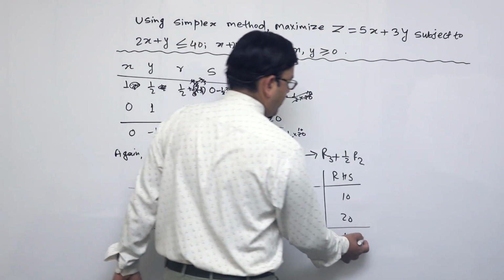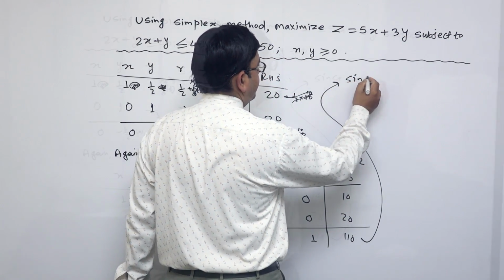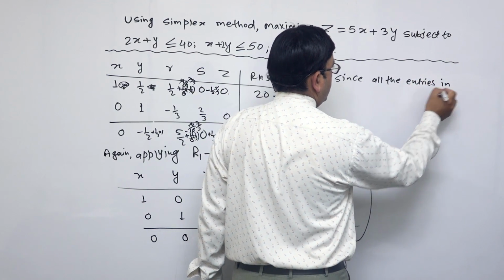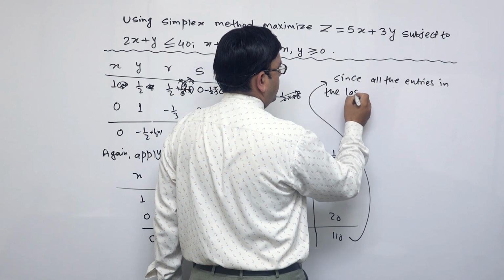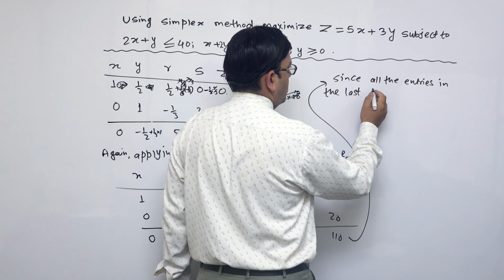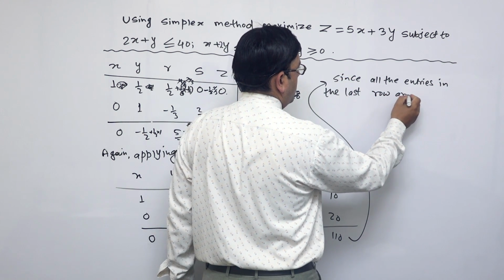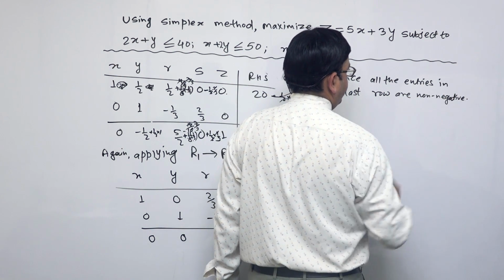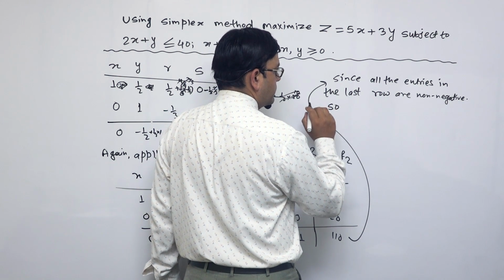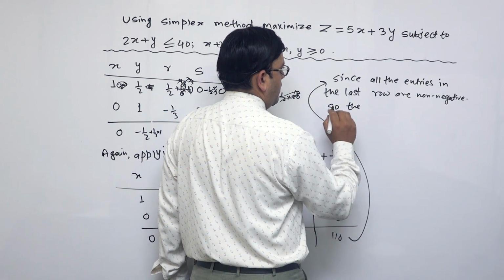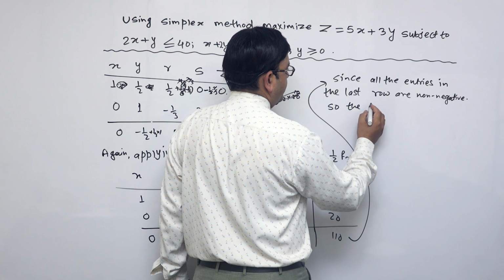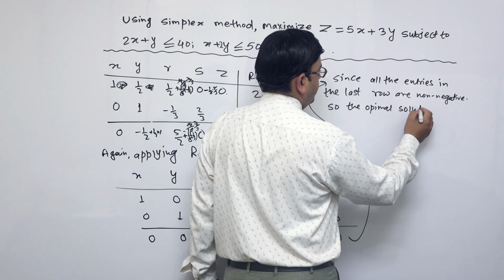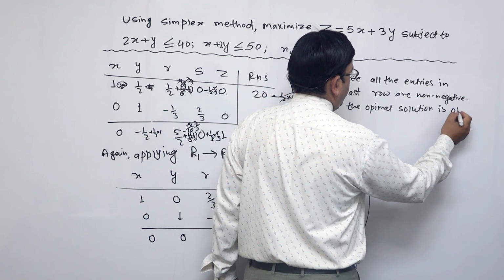त्यसकारणले हामी अब लेखौं, since all the entries in the last row are non-negative. So the optimal solution is obtained.